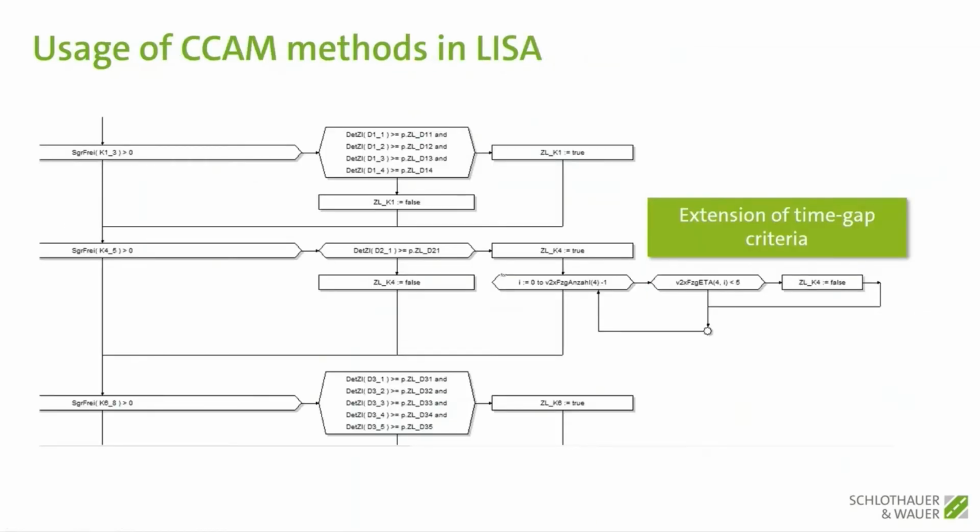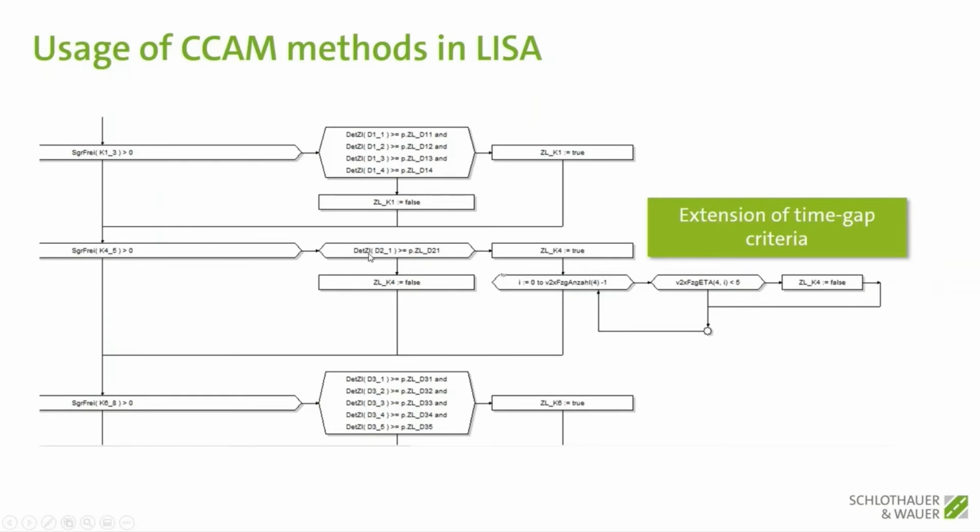How you can use it in our diagrams or our logic editor in Lisa: you can have a simple logic. That ZL means time gap of a detector. This is just a really easy thing for a time gap control. So we check one detector. The detector name is D2_1.